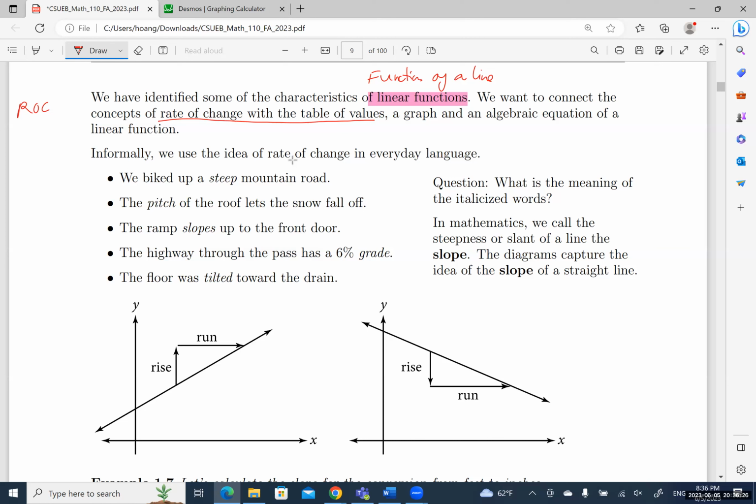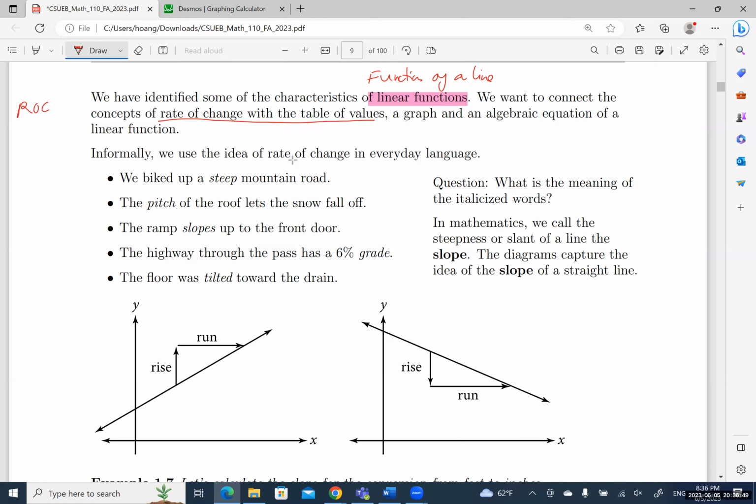Also, the ramp slopes up to the front door, or the highway through the pass has a 6% grade. And the floor was tilted toward the drain, right?